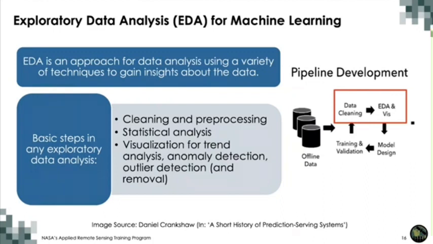EDA is the process of understanding the data that you have collected or that you are going to use in your machine learning model. EDA can help identify missing values, outliers, correlations, and patterns in the data through cleaning, pre-processing, statistical analyses, and visualizations to get a high-quality data set.